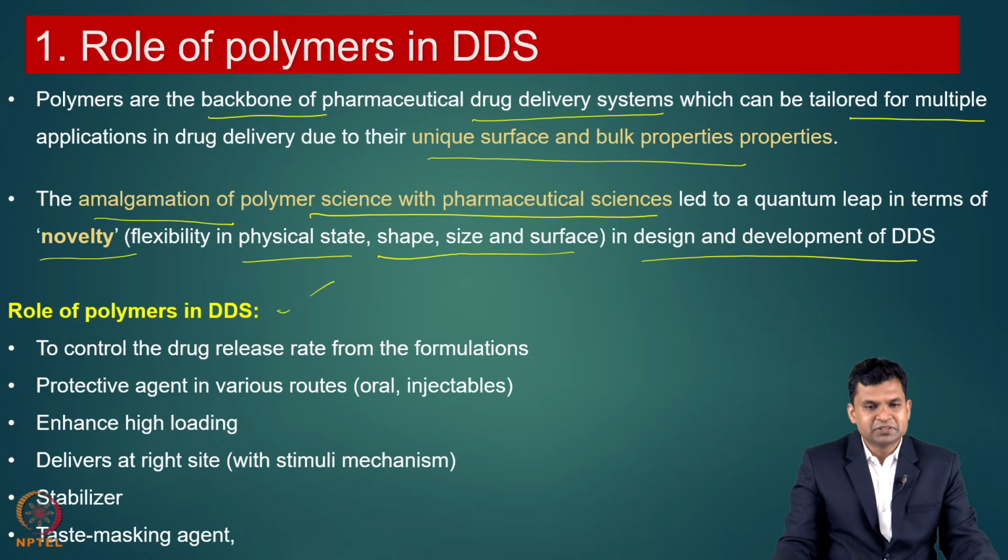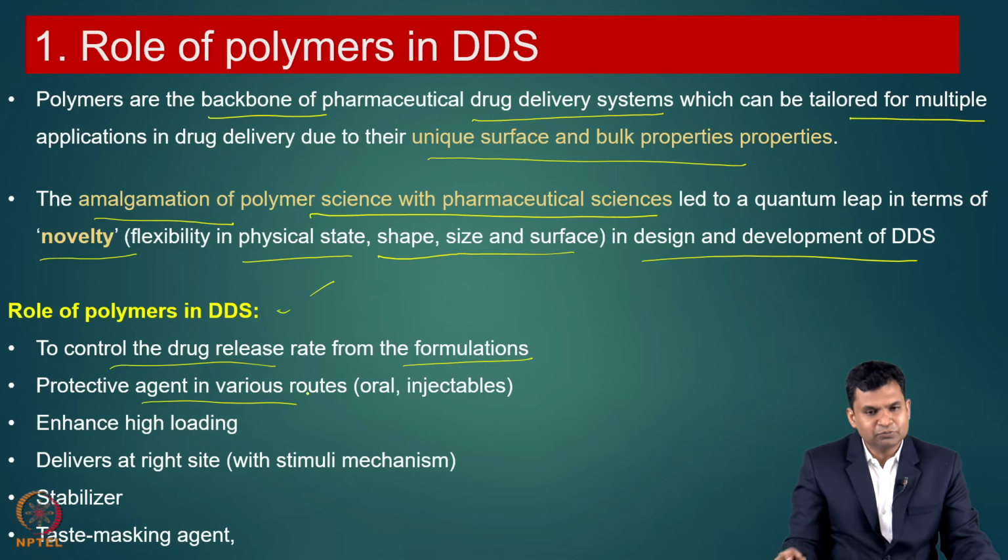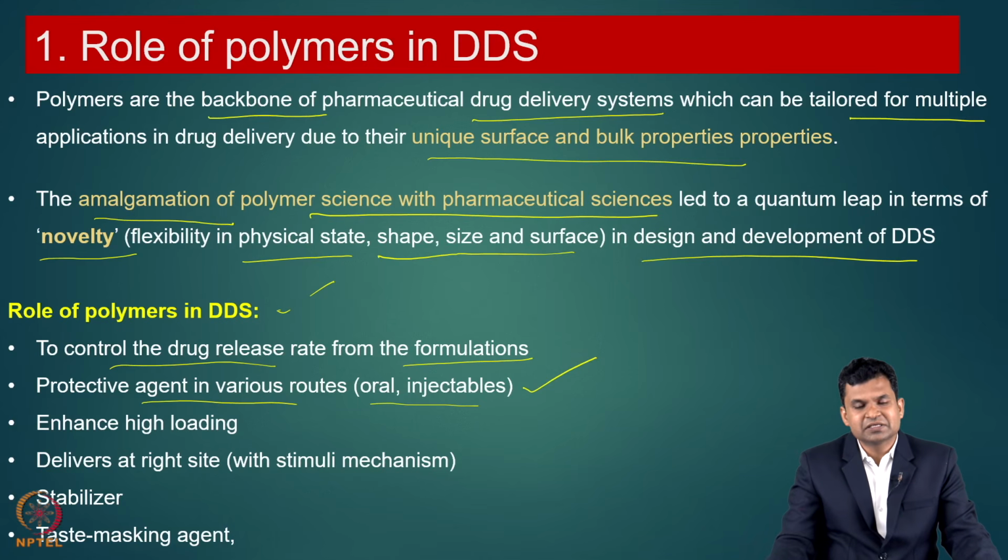By using polymers, we can control the drug release from the formulations, and we can protect the various active molecules throughout the various routes. Oral and injectable routes are very commonly used, and here we can protect against enzymatic and pH degradation in the body.